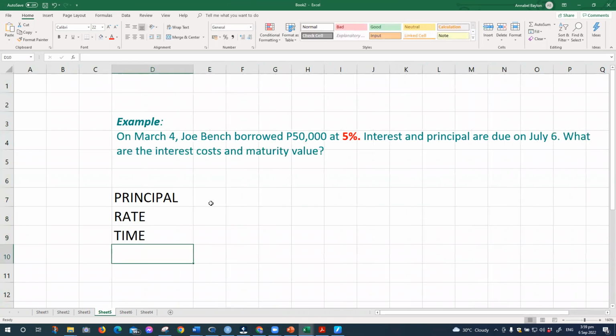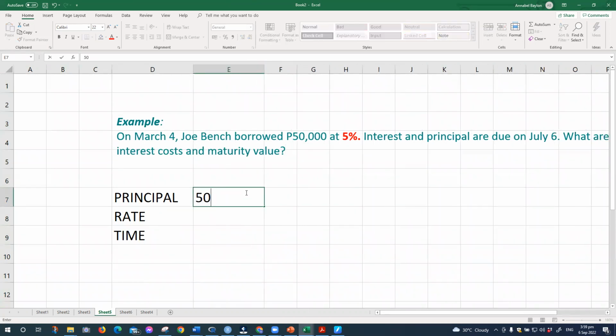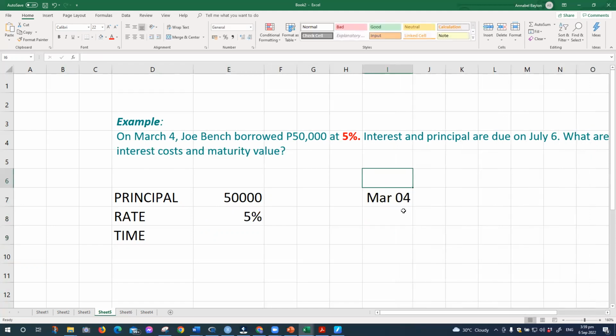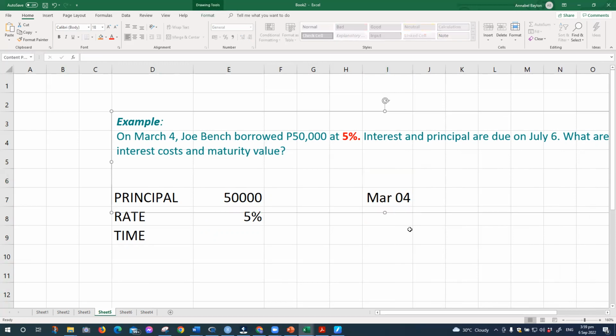Okay, what's the principal? It's 50,000. What's the rate? The rate is 5%, so no need to ask kung annual yan. And then, binigay yung dates, no? March 4. March 4 hanggang July 6 daw. Simulan natin March.